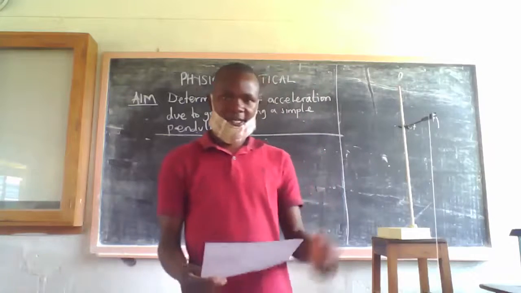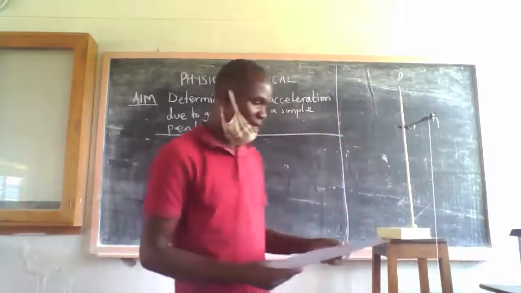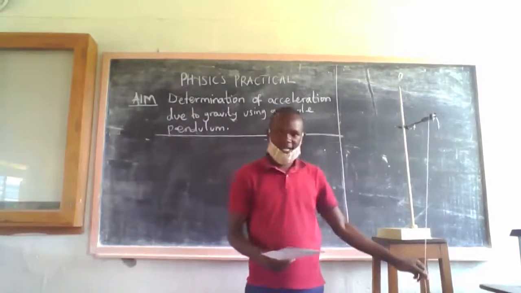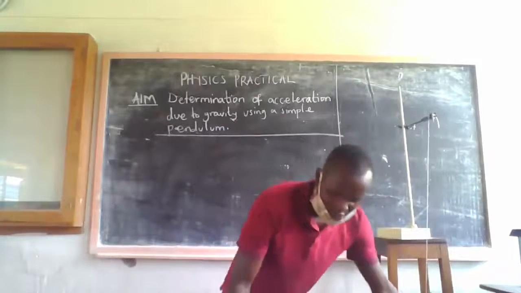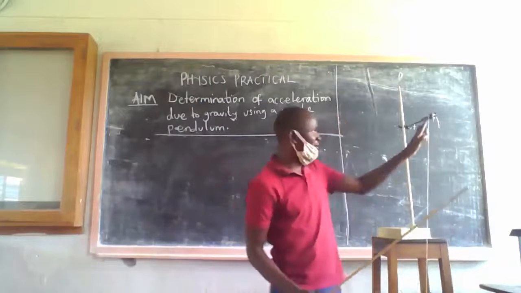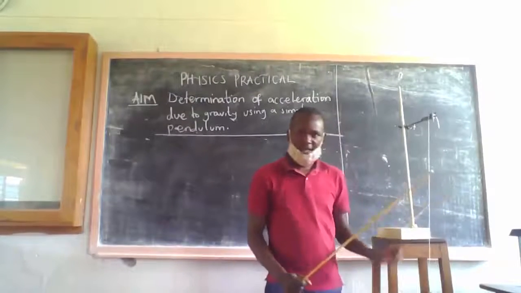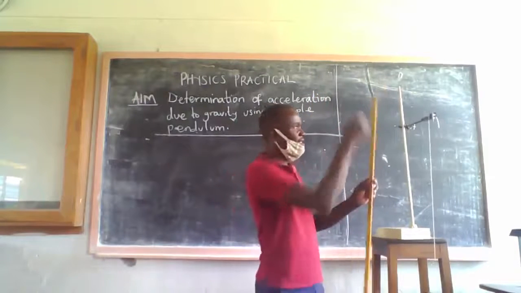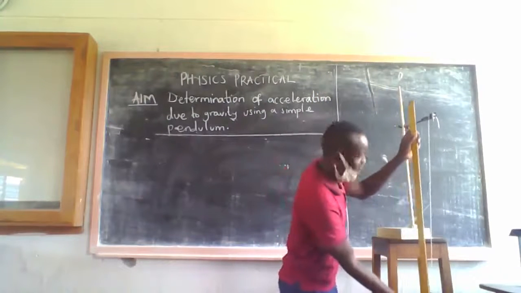After suspending the pendulum bulb, they are telling us to adjust the length of this thread to 0.9 meters, and that is 90 centimeters on our ruler.